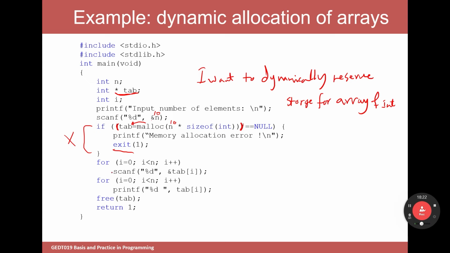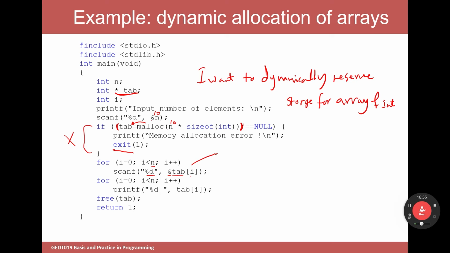And then what I will do after that, I will ask the user for some digits. This number of digits equals n, for example, 10. I will run a loop, and I will ask the user 10 times to put elements inside this array, okay? So you say, I will give the address of this element i. And you will say, okay, wait, tab is not an array, tab is a pointer. Why are you using it like an array?